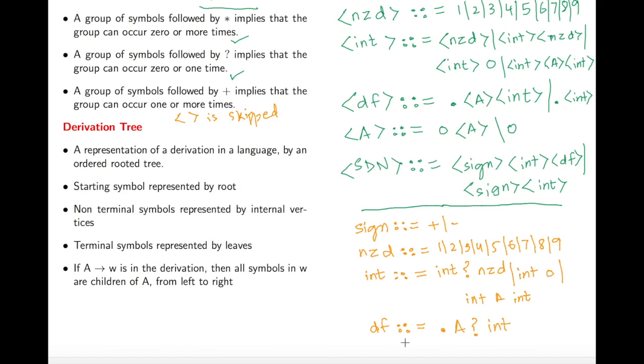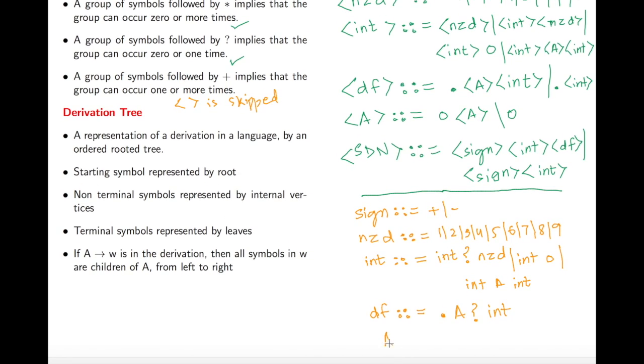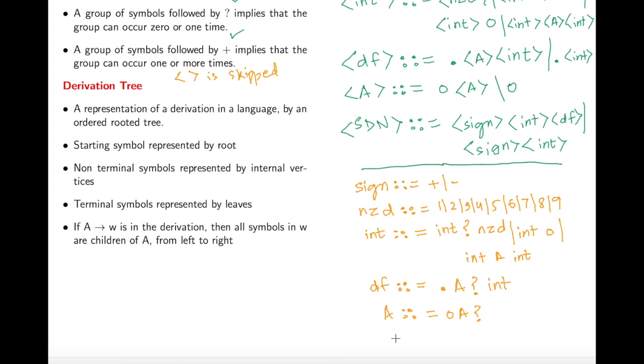And then we have a, and a we can have two ways. We can either say 0a question mark, which means that it can be just 0, or it can be 0a, or we can say 0 star, which means 0 can be there 1 or more times. So this is also fine. We can have this, or we can say this.